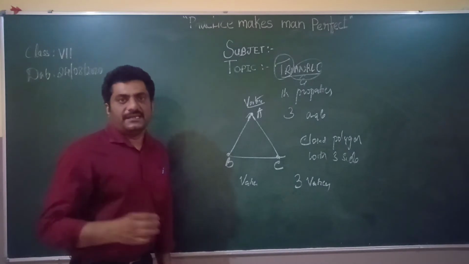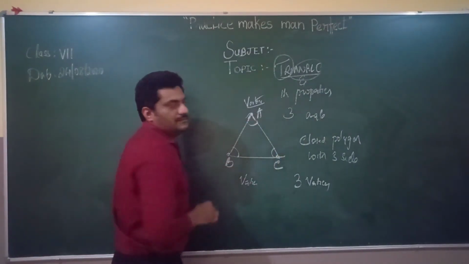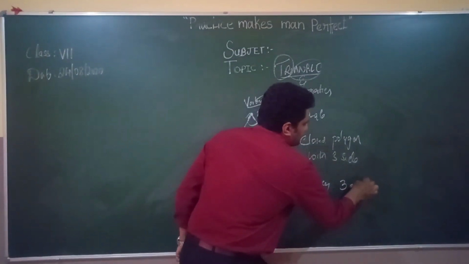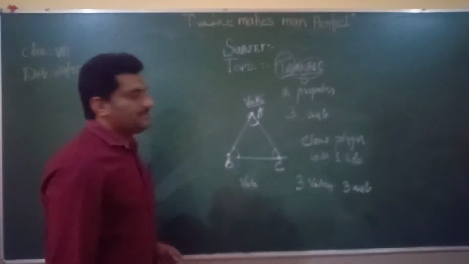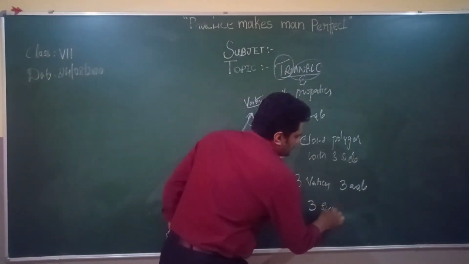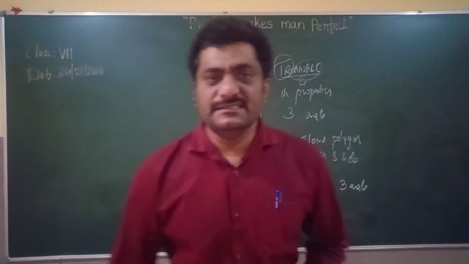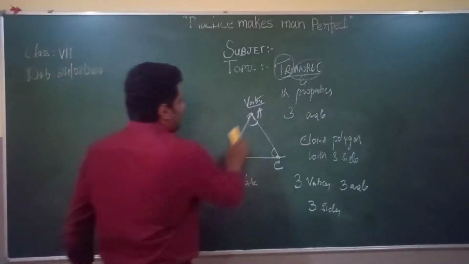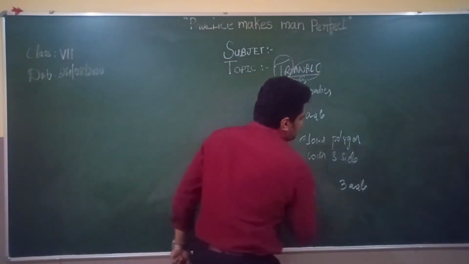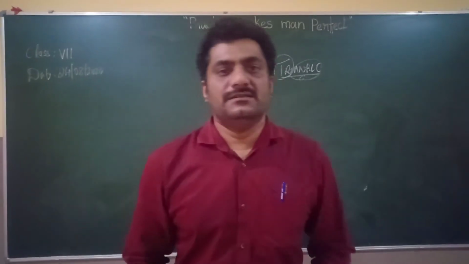How many angles do we have? We have 3 angles. And how many sides? We have 3 sides. Now what is a triangle? A triangle is a closed polygon having 3 angles, 3 sides and 3 vertices.